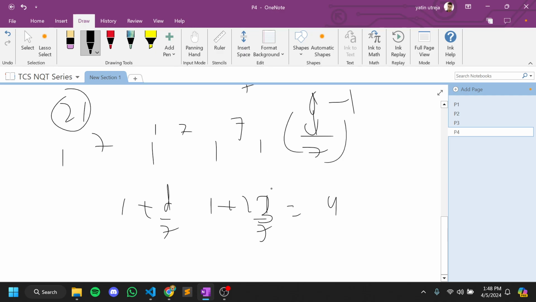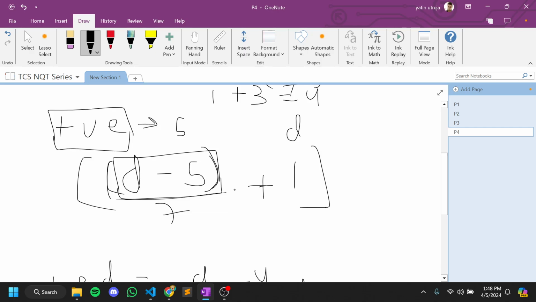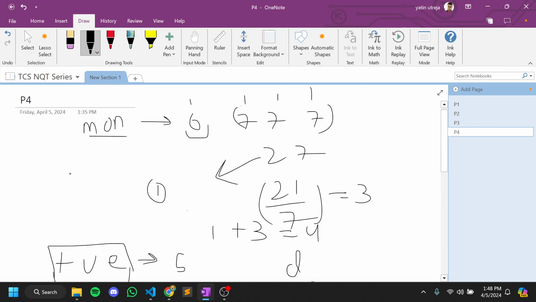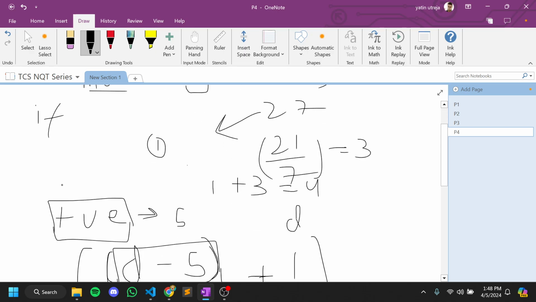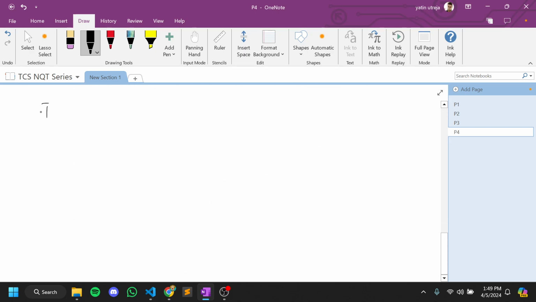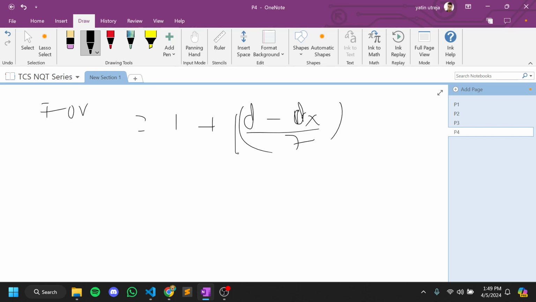And even if we exceed some days, like we get 22 or 23 here, that doesn't matter because no Sunday will be coming between these days, and integer division always rounds down to the bottom, the greatest integer function. So this is basically the idea of solving this problem. You can use if elses, and basically the formula for this problem is 1 plus d minus, let's call it dx, over 7, rounding down to the lowest integer.